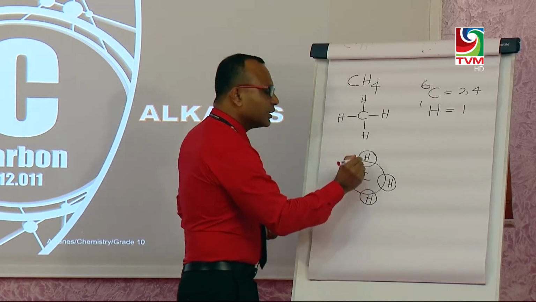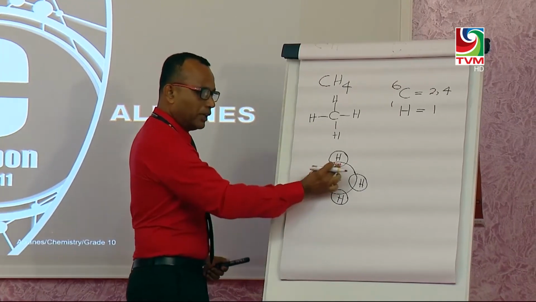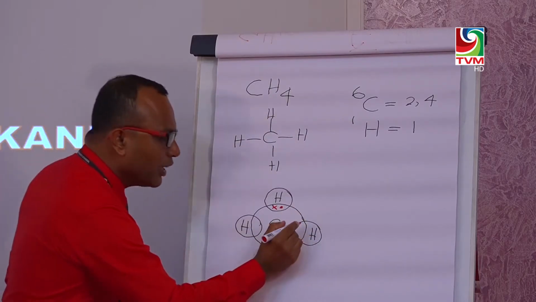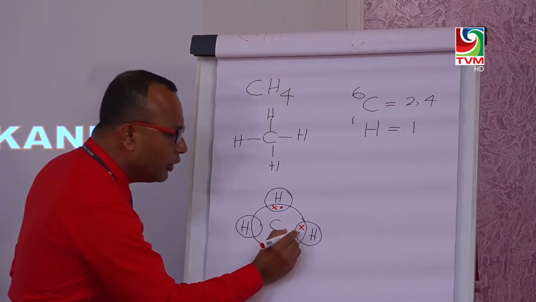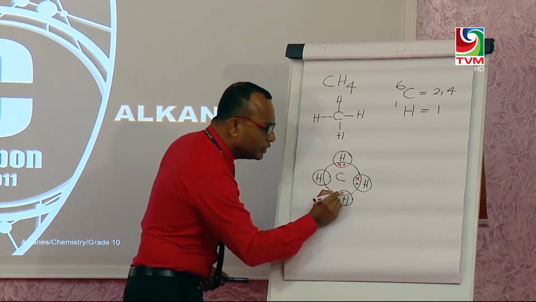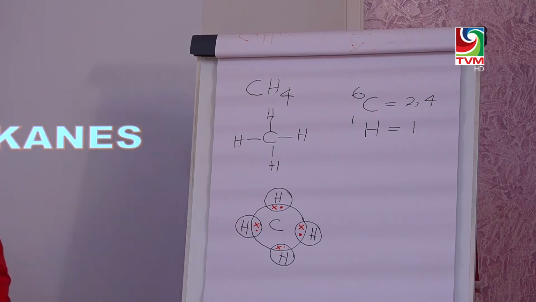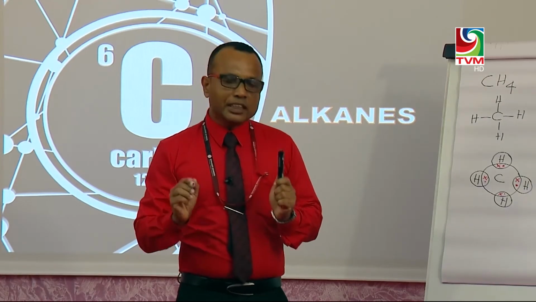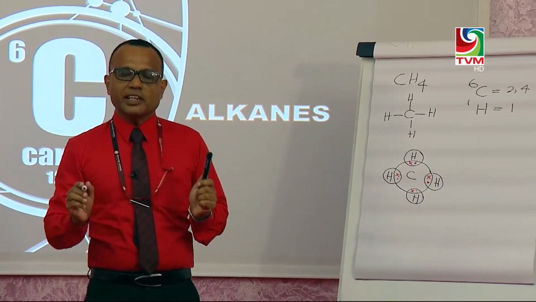So use different symbols to represent electrons. I use cross for carbon, dot for hydrogen, for each pair of electrons or single bond. Here I use cross, electron from carbon, dot, electron from hydrogen. Another one, dot and cross, dot and cross. This diagram shows the dot and cross of methane, but it shows only the outermost electrons.